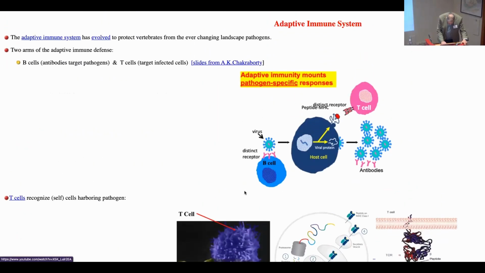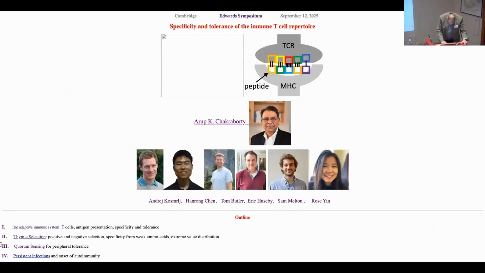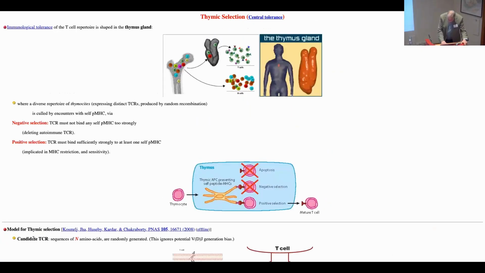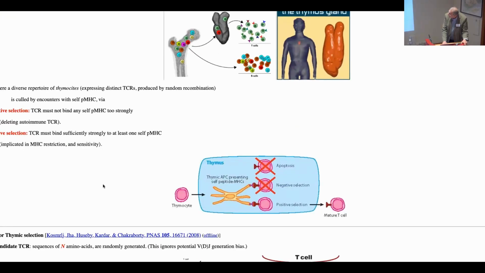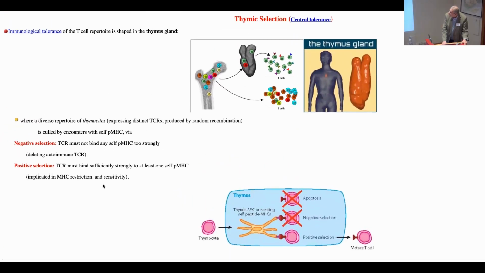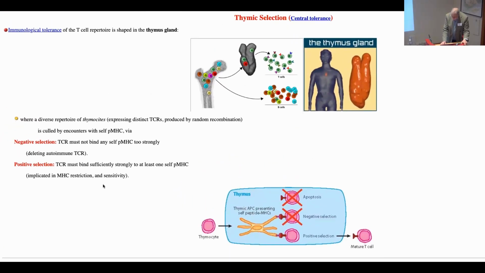So they potentially may bind to self, and the process by which that is partly prevented is called thymic selection. So basically, there is this organ called the thymus, and what happens is that the candidate T cells are generated in the bone marrow, but they are not immediately released to the blood or lymphatic stream.